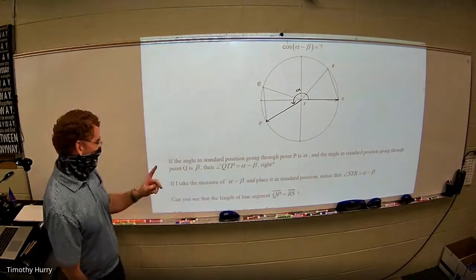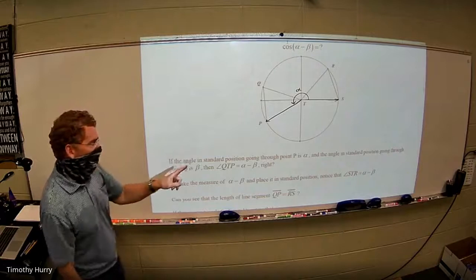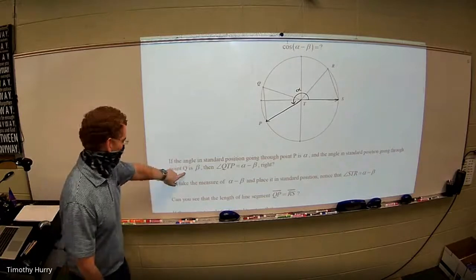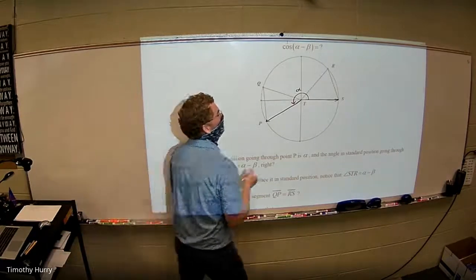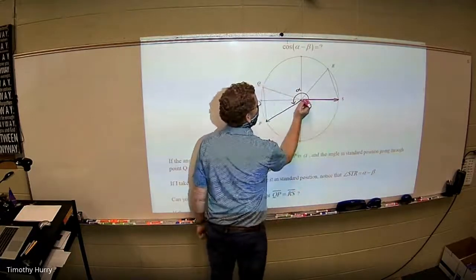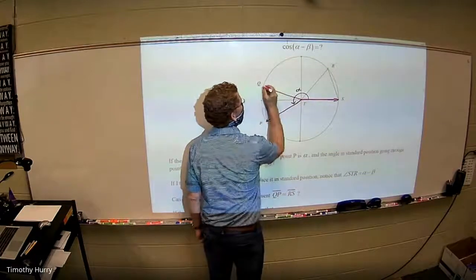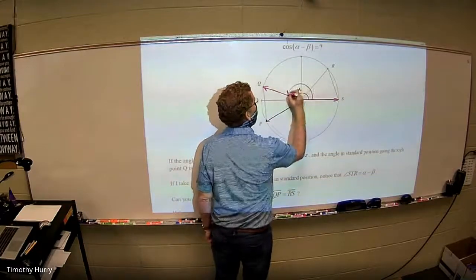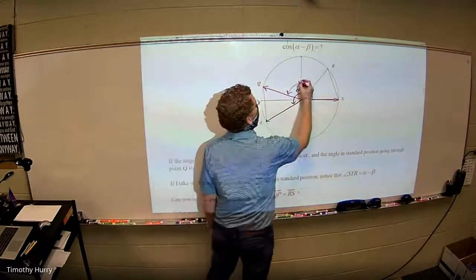Okay? Now, they also said the angle that's going through point Q, so this other angle in standard position, so I'm still pointing here, but this one's going through point Q. They're saying this angle is beta.